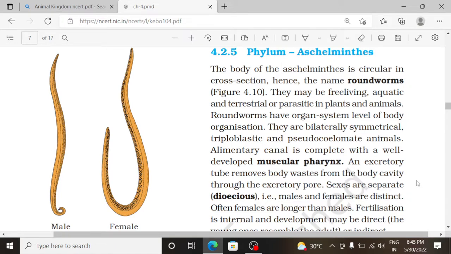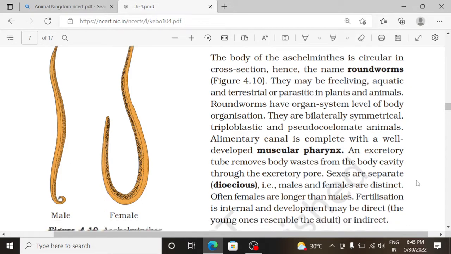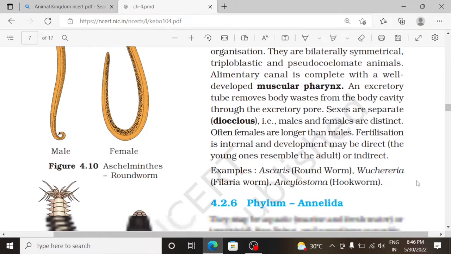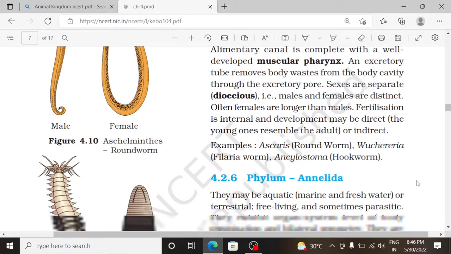An excretory tube removes body waste from the body cavity through the excretory pore. Sexes are separate. They are dioecious, that is males and females are distinct. Often females are longer than males. Fertilization is internal and development may be direct.